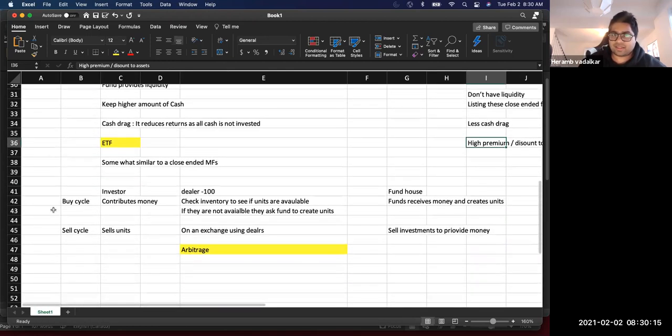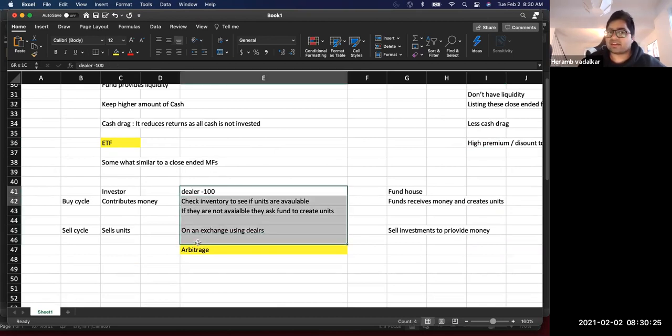ETF is somewhat similar to close-ended, but the difference is you have a dealer involved now. So when you buy, you generally buy it on an exchange, either from some investor. If some investor is not available, then the fund creates additional units and gives it to you.